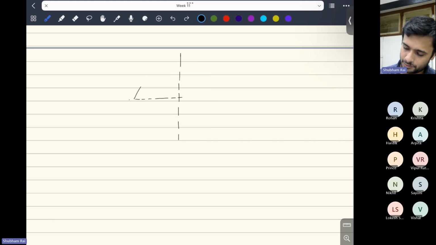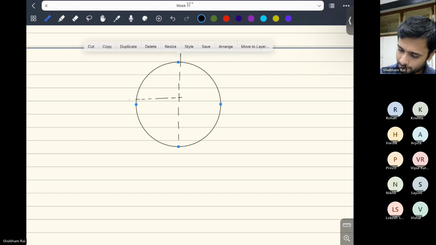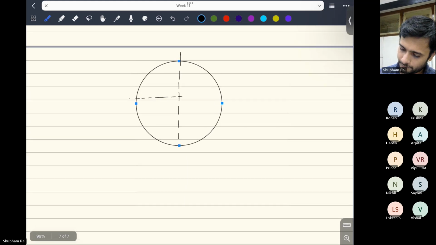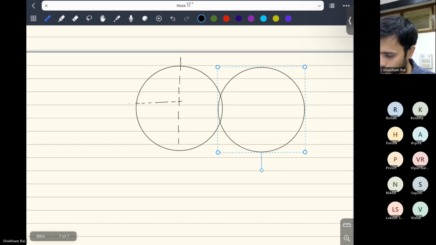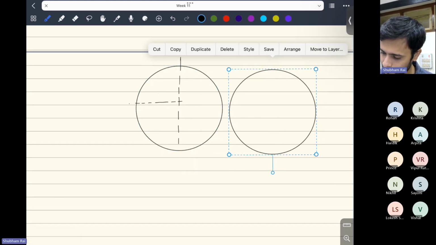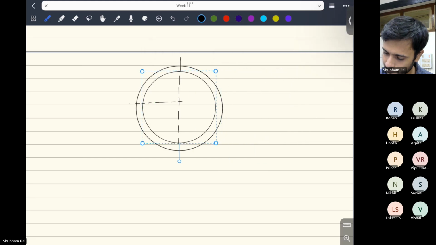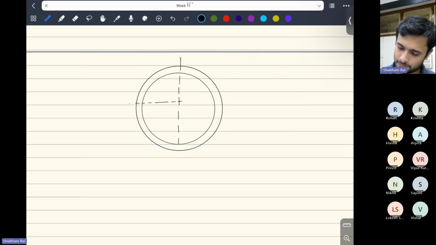If we draw a complete circle, then I have to cut it from here, cut it from here.